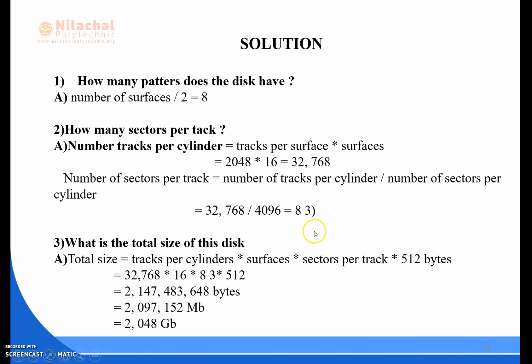The number of sectors per track we have found is 83, and in the question it is mentioned the memory stored per sector is 512 bytes. So solving it, we can find that the total capacity of the disk is 2048 GB.